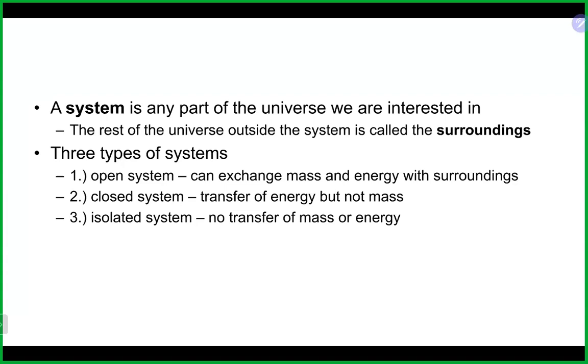So that's the idea here. And what we're going to focus in on in this chapter is that flow of energy from, say, the system to the surroundings, or it can flow in the opposite direction from the surroundings back to the system. So that flow of energy in both directions.